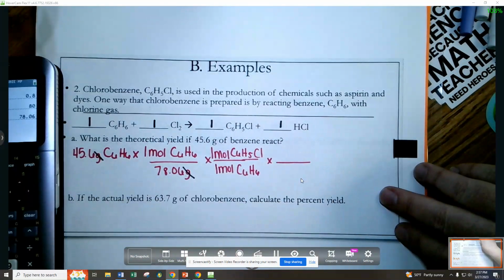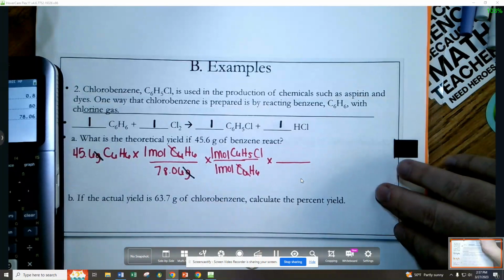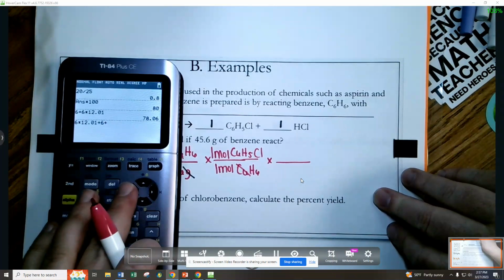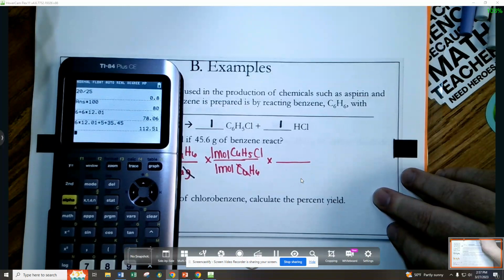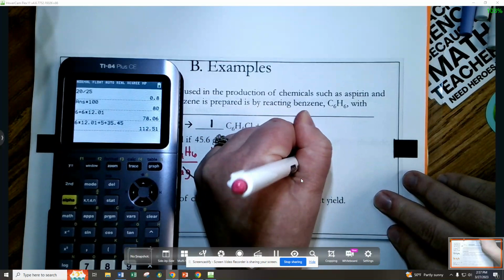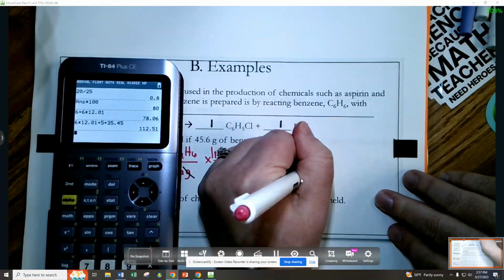I'm going to then have one last step in my mass to mass in that I need the molar mass of this chlorobenzene. 6 times 12.01 plus 5 hydrogen, that's 5, and then 35.45 for my chlorine, for a mass of 112.51 grams, and that's in 1 mole of this substance.